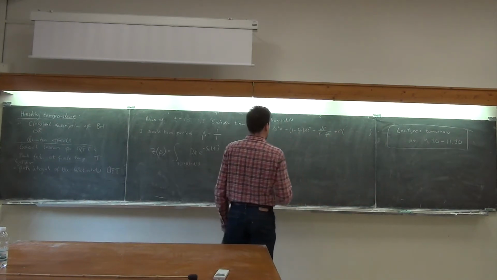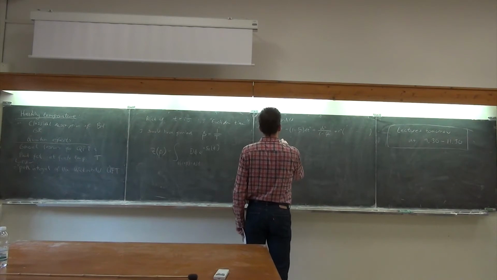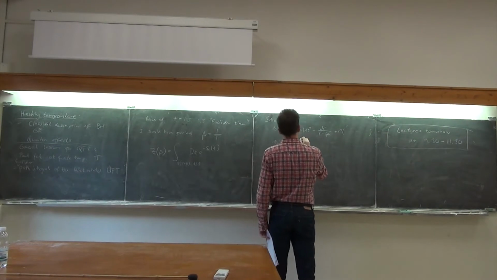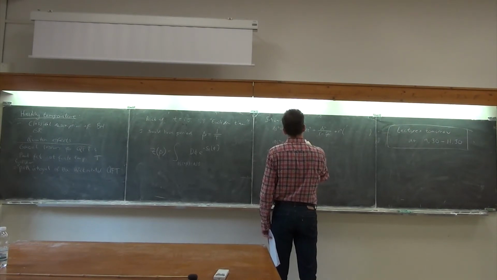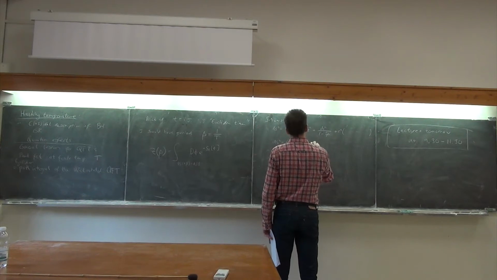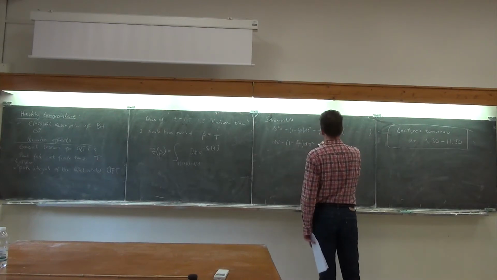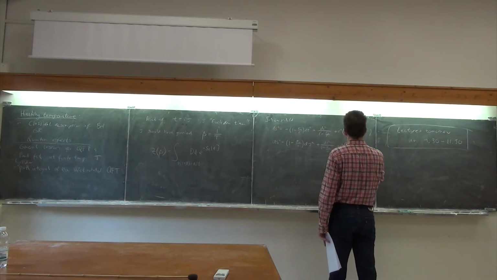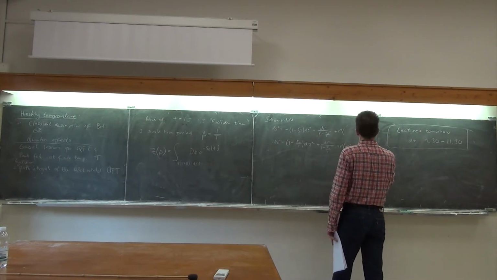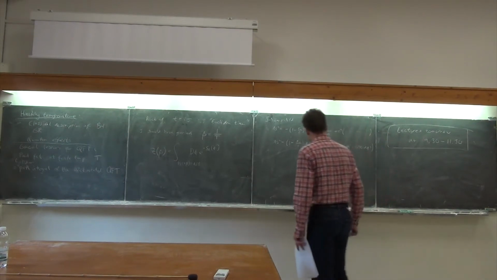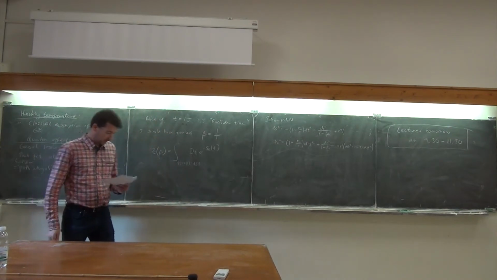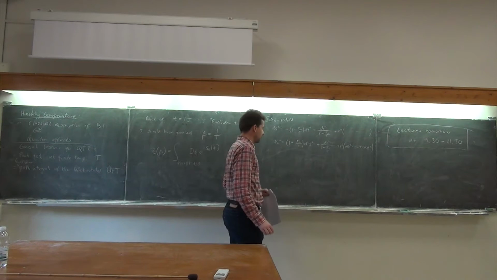So if we now do this Wick rotation, we can see that this becomes the following positive signature metric. So that's nice, but let's try to do this near the black hole.